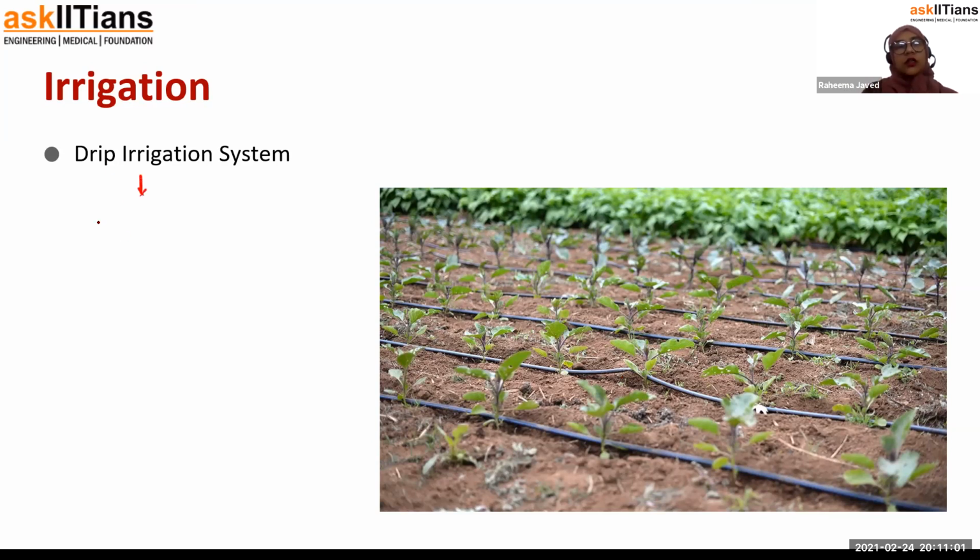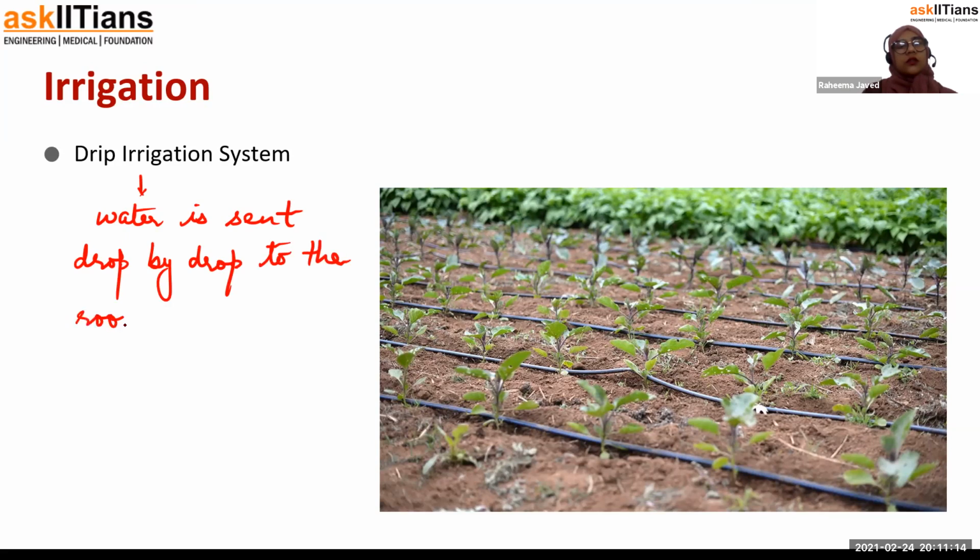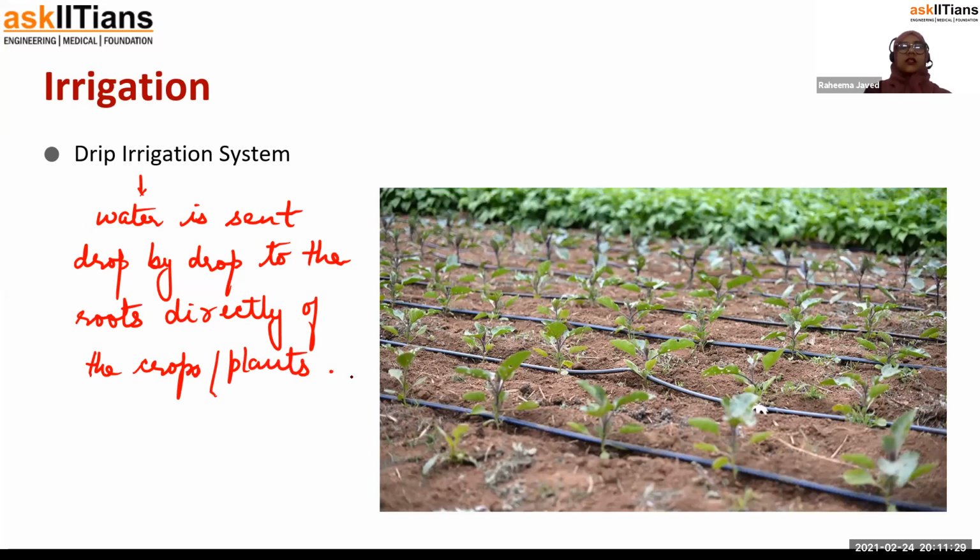Water is sent drop by drop to the roots directly of the plants. This is the drip irrigation system.